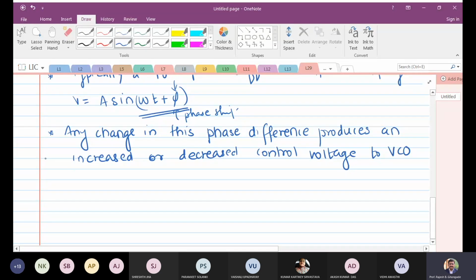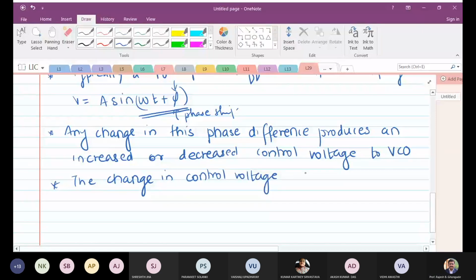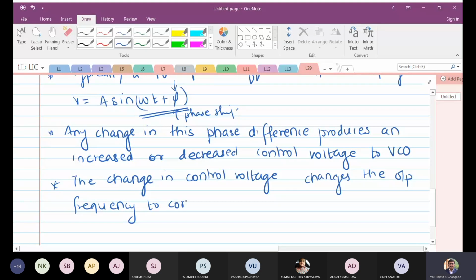Now the change in control voltage changes the output frequency to correct the phase difference.